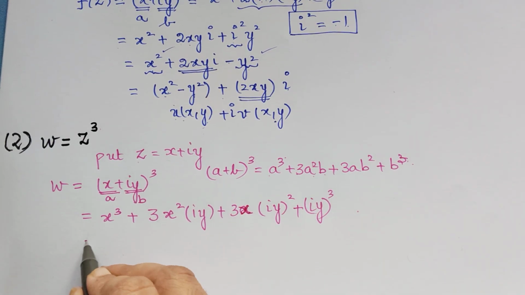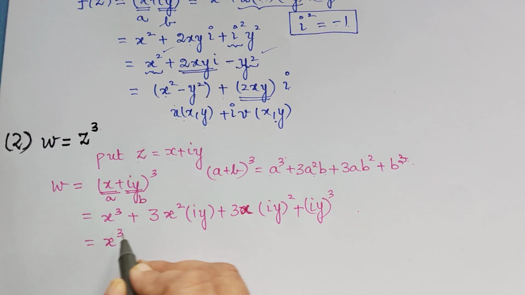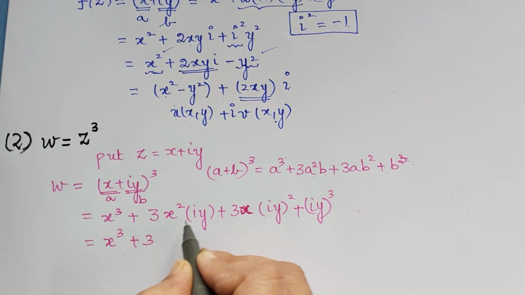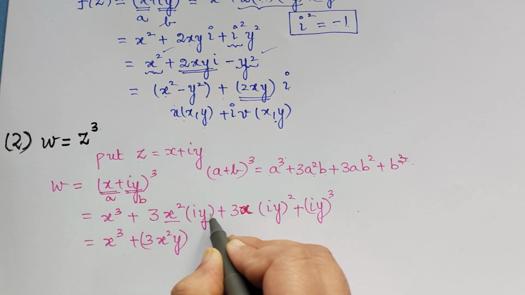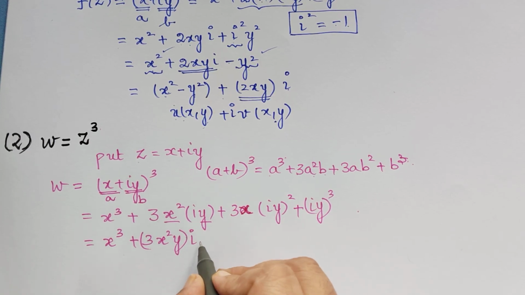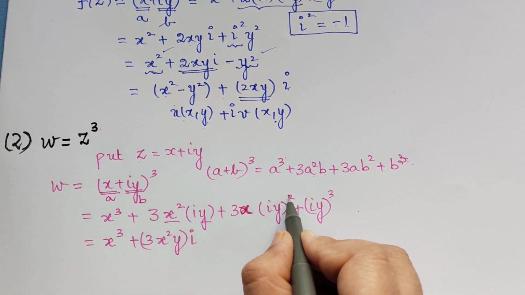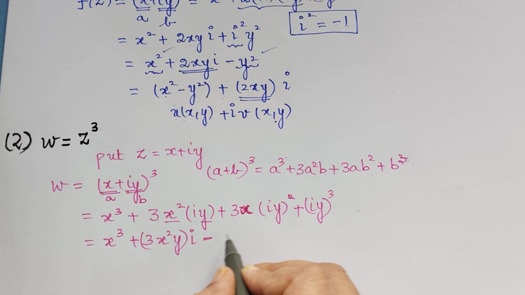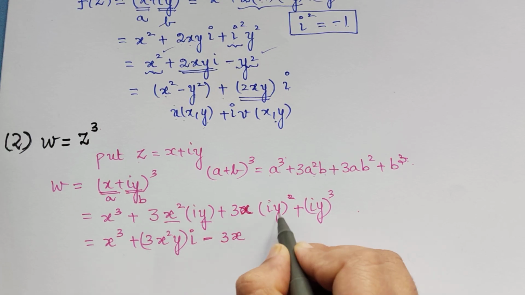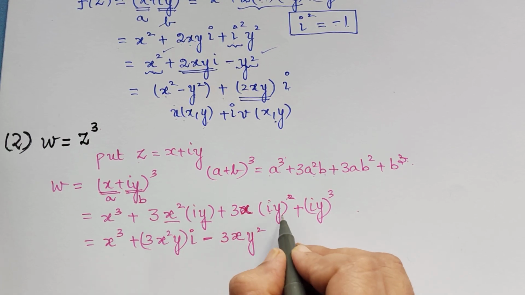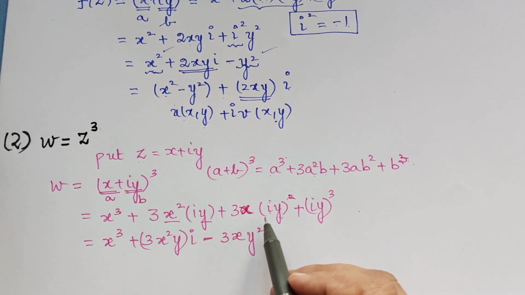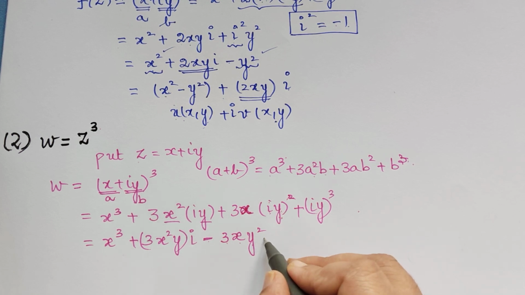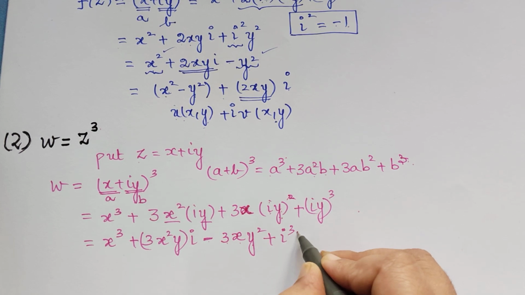we shall further simplify it. So this will be equal to x cube plus, combining the variables, 3x square y, and we will write the imaginary part here, i, plus we know that the value of i square is negative 1. So this term becomes negative 3xy square, because i square y square will have i square equal to minus 1, and so minus 3x and this y square, plus i cube y cube.